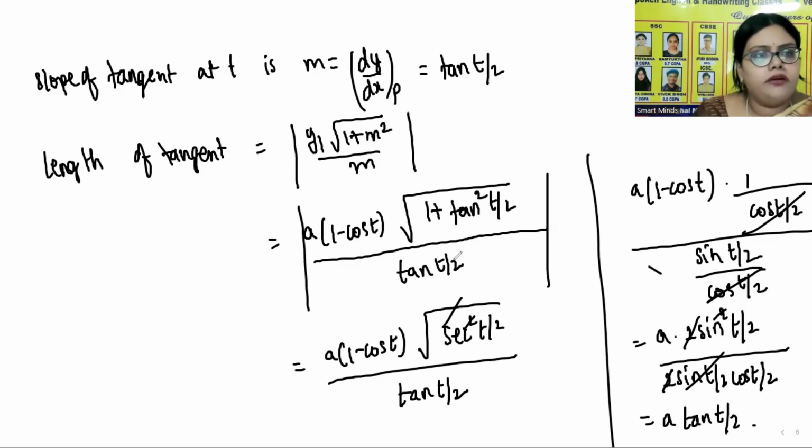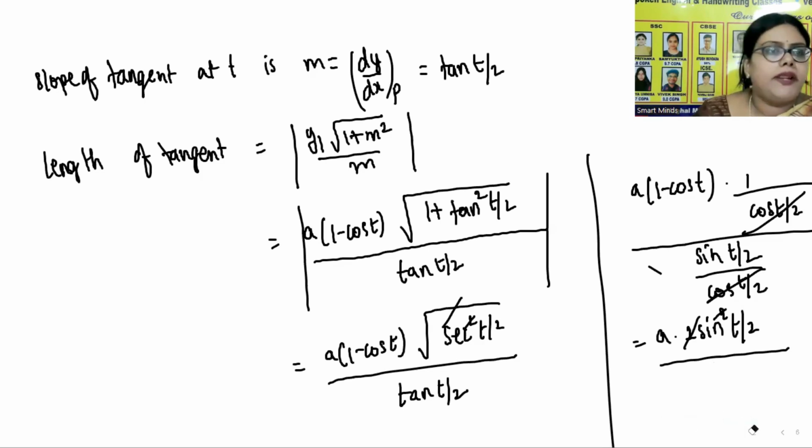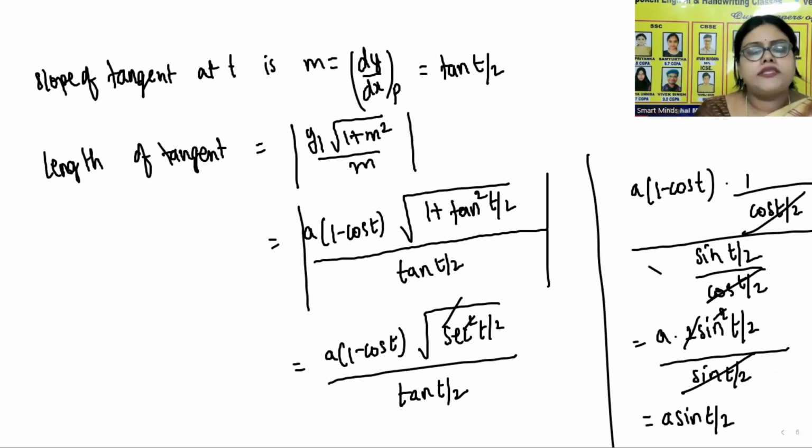So over here in the denominator we have only sin t by 2. Okay. So one sin and one sin get cancelled. So answer is a sin t by 2. This is the answer for length of tangent.